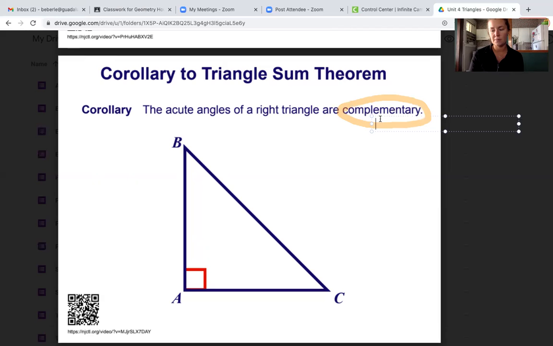Complementary means 90 degrees. Perfect. So that means you have two angles that add up to 90 degrees.